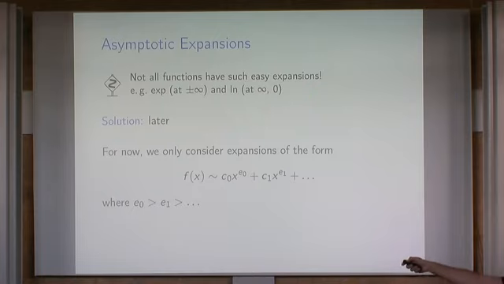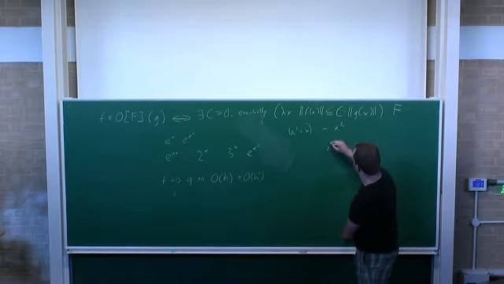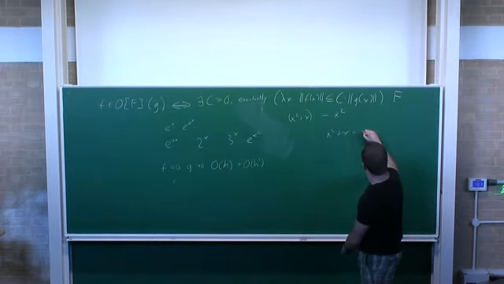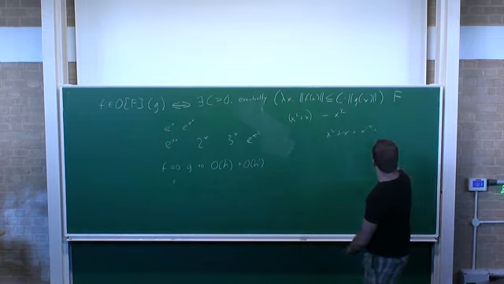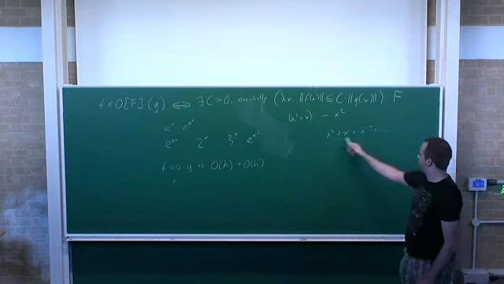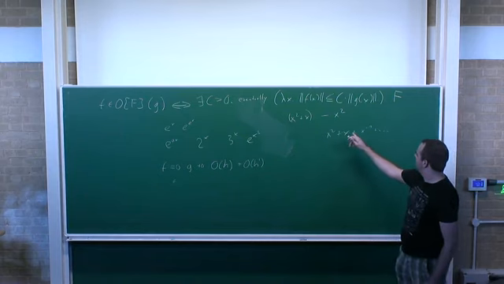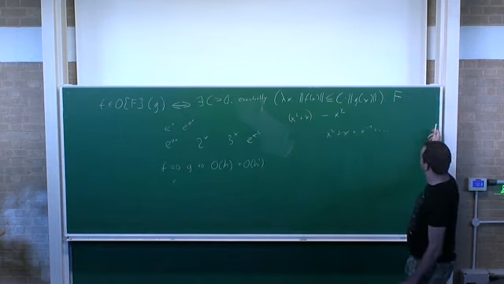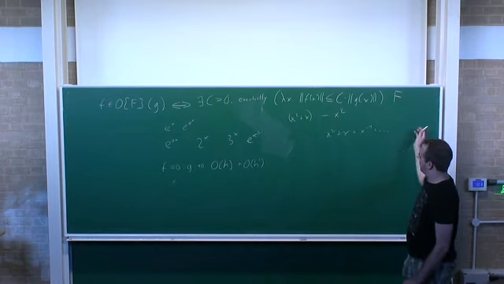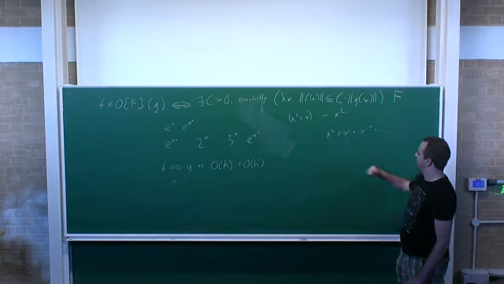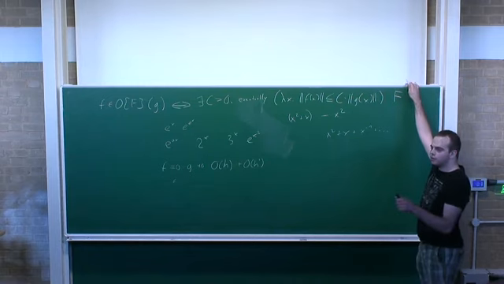So now we can have expansions like x squared plus x to the minus 1 and so on and so forth, and that's why we want the exponents to decrease, because then each following monomial will be smaller than the preceding one.